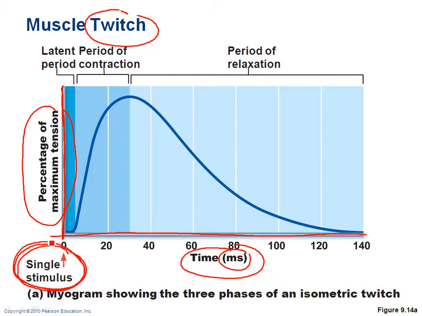Now look at our graph here. Notice that right after that stimulus takes place, for a really brief period of time there's no contraction within the muscle fiber. What's happening during that time period? That's when that action potential spreads across the muscle fiber membrane, the sarcolemma, which then triggers calcium to be released from the sarcoplasmic reticulum in the muscle fiber.